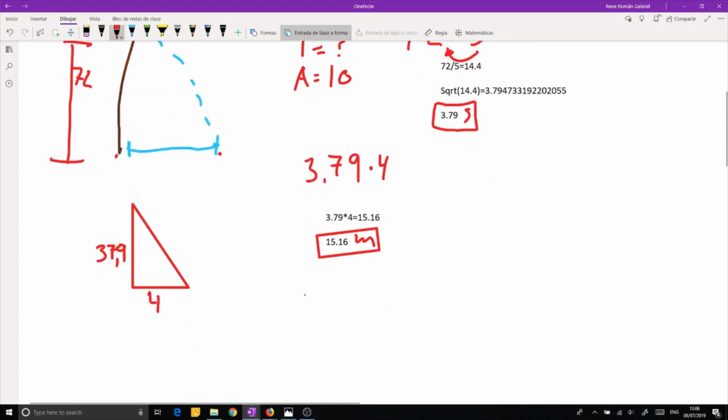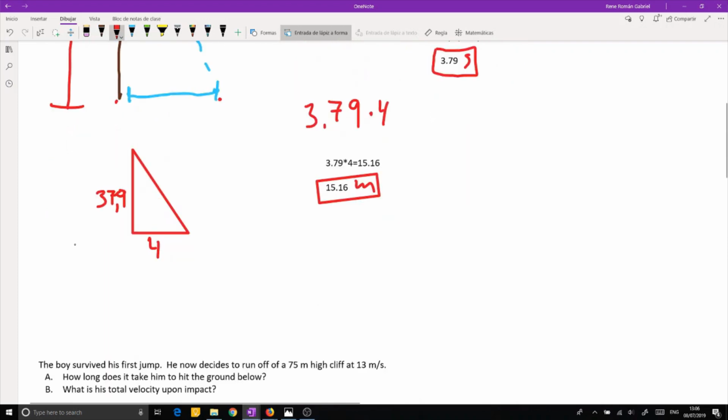So we just have to do the Pythagorean theorem: 4 squared is 16, plus 37.9 squared, equals this. If we add 16, it would be equal to that, and then we just have to do the square root.